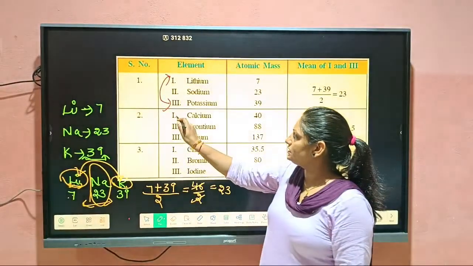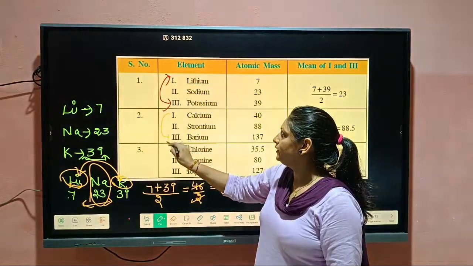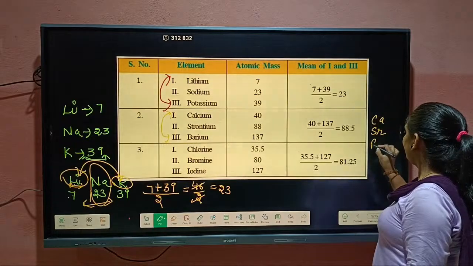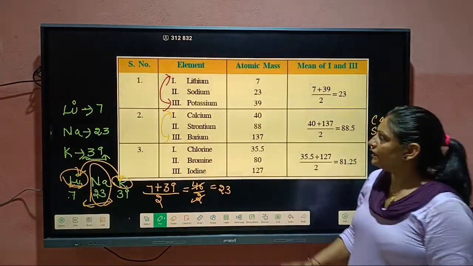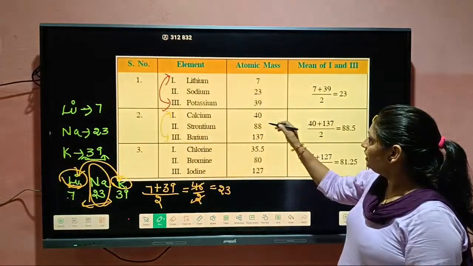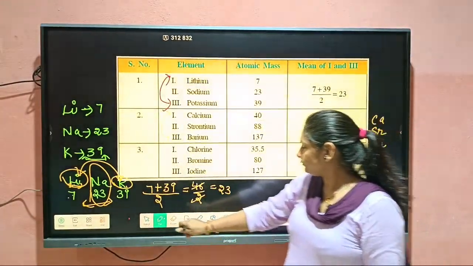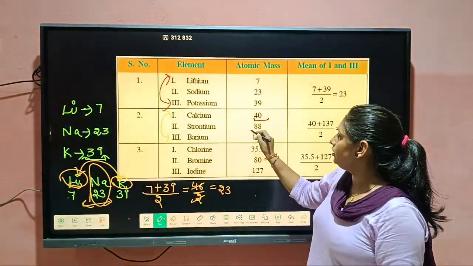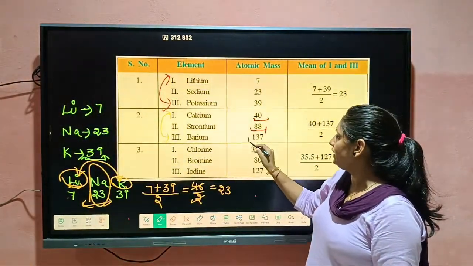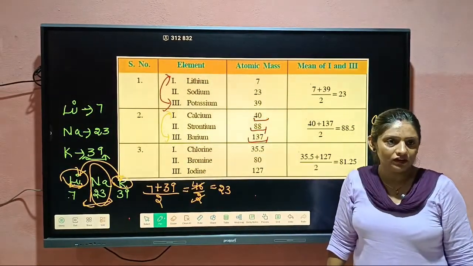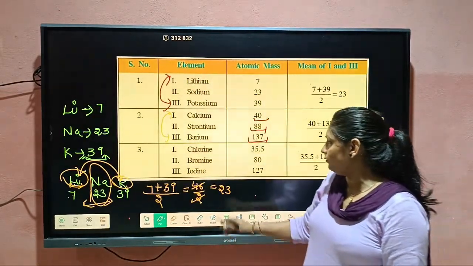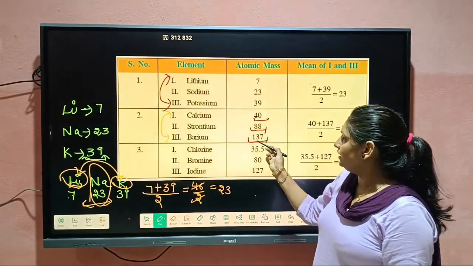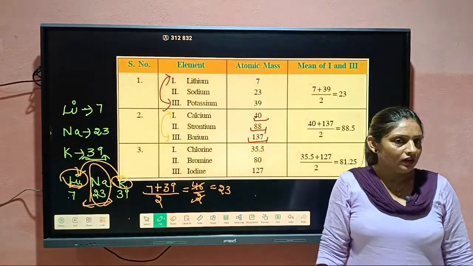Okay, you can take one more example. The second triad is calcium, strontium and barium. Calcium has atomic mass 40, strontium has 88 and barium has 137. If we arrange them in order of increasing atomic mass, calcium has the least and barium the highest.